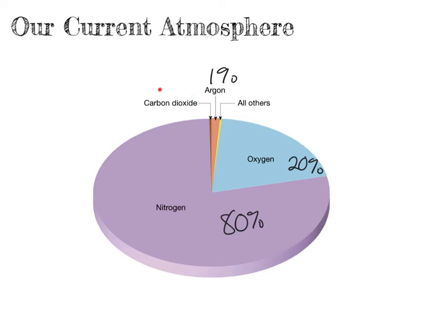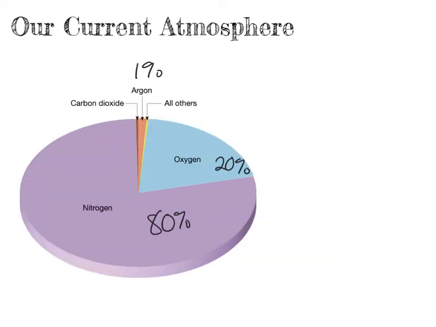It's not. Our carbon dioxide is less than 0.05% of our atmosphere, but that's still too much. So the problems of global warming and greenhouse gases and climate change are all still there, even though the carbon dioxide amount in our atmosphere appears to be very, very low from this pie chart.